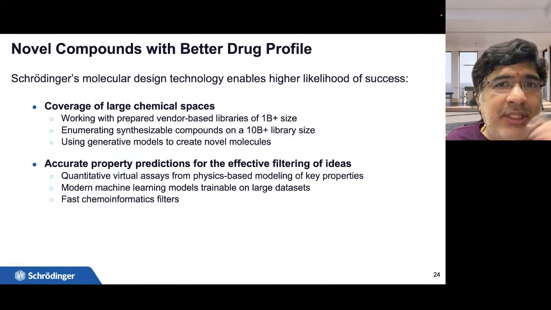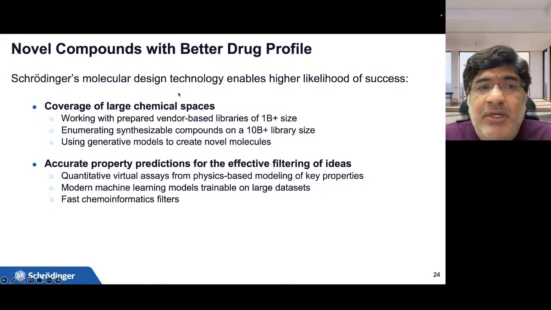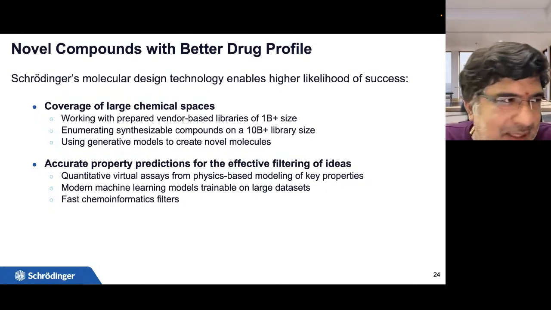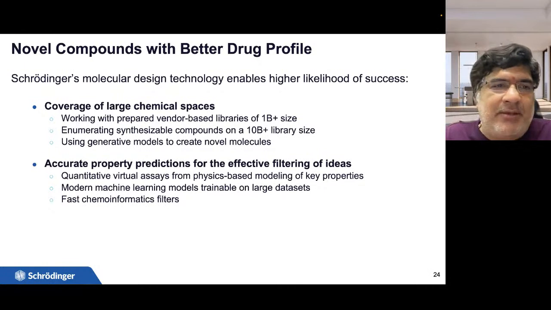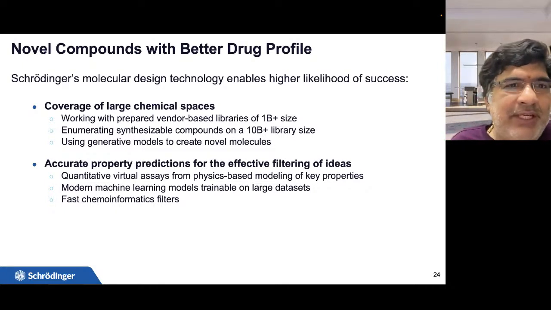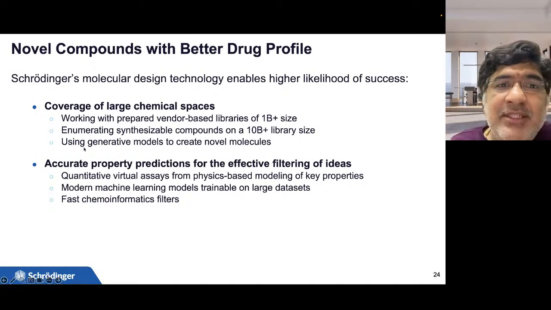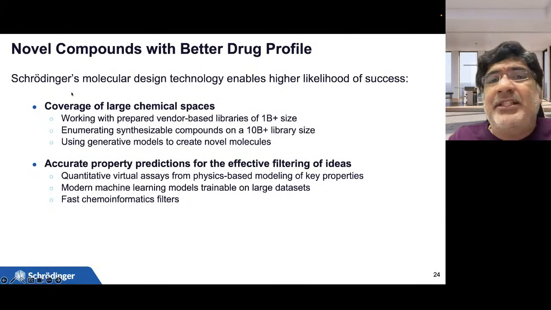In Schrodinger, we explore a large number of molecules, billions of molecules. If you explore a larger pool of samples, the chance of identifying a better molecule or getting success increases. It is obvious, very simple to understand, right? There are two ways with which we try to explore a large library. The first is that already existing databases are there.